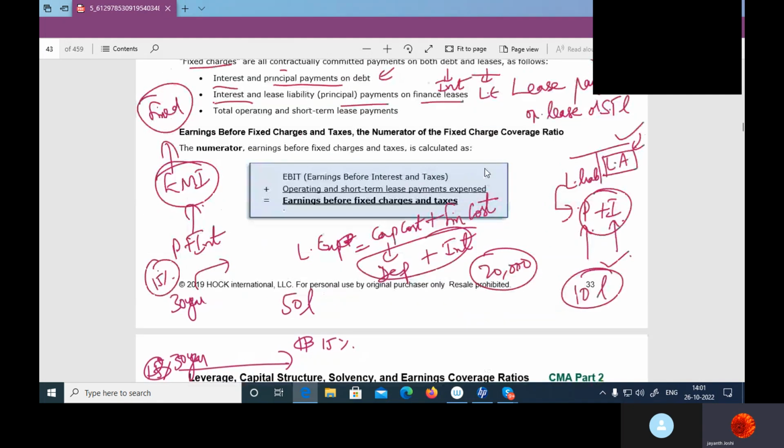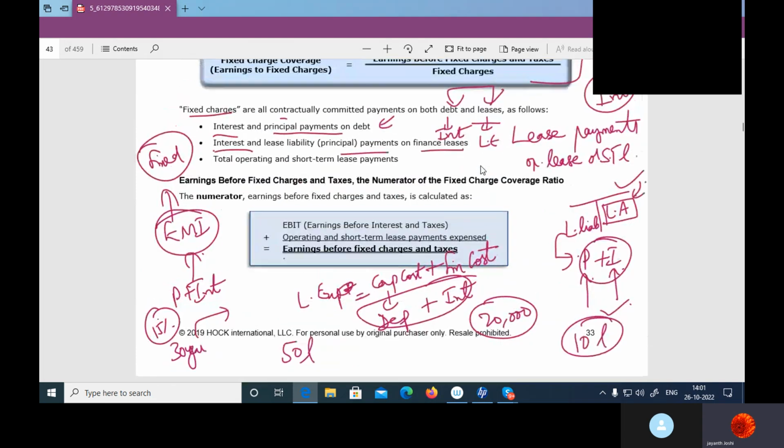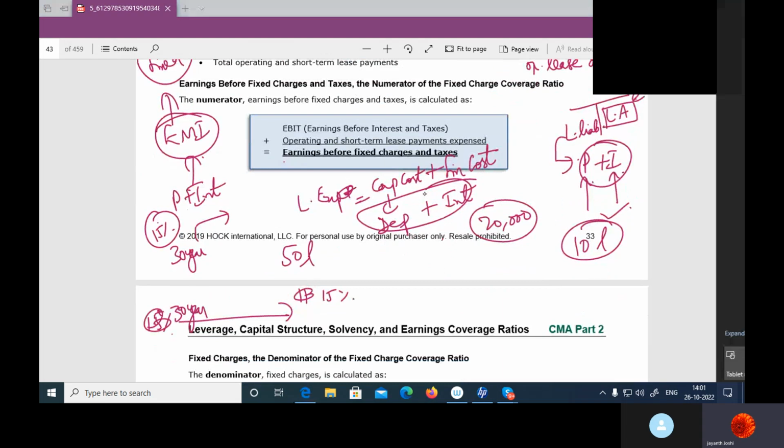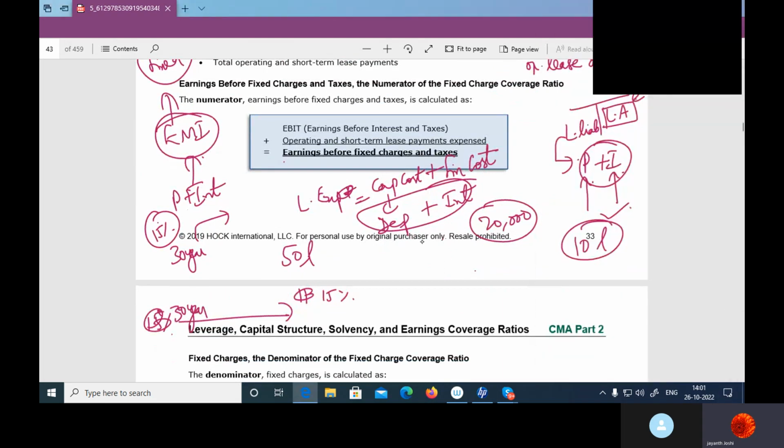This 59,000 has both principal and interest elements in it. Suppose the EMI is, let's say, 60,000. In that, the interest element will be like 58,000 and 2,000 will be the principal element. They'll be charging very high interest in the initial time and very little principal.